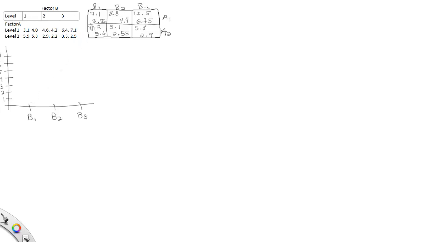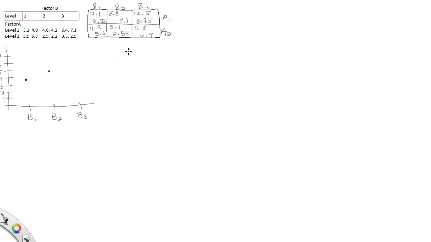Now for B1, I'm actually going to plot all the values of A1 first using B1, B2, B3, and I'm plotting the means here. So I'll do 3.55 first. Coming up here, 3.55 is maybe right there. And then I do the same for B2, but it's 4.4, so maybe I'm up here a little bit.